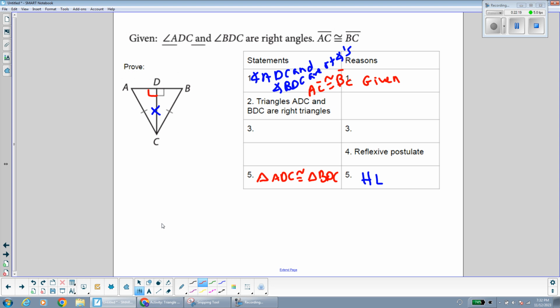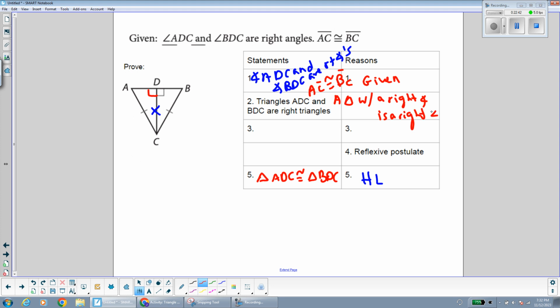And in order to use HL, you do need to know that you have right triangles. So this is a necessary step in the proof. We do need to actually state that the triangles are right triangles in order to use HL, since it's only for right triangles. So I'm going to write here a triangle with a right angle is a right triangle.